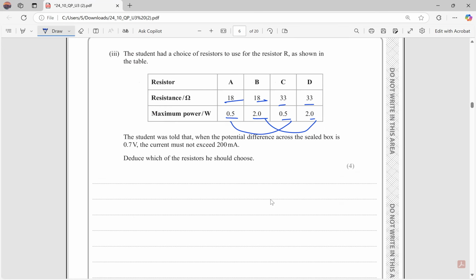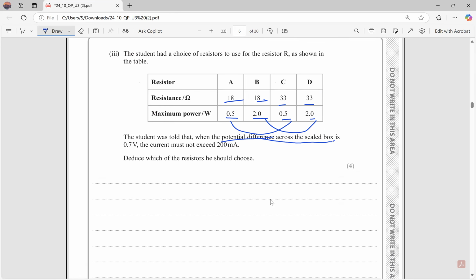The student was told that when the potential difference across the sealed box is 0.7 volts, the current must not exceed 200 milliamps. Whenever you're reading a question, you must always read it very carefully. Because if you just read potential difference, you might think, oh, that's the potential difference across the resistor or something. You must read the whole thing. It's just across the sealed box.